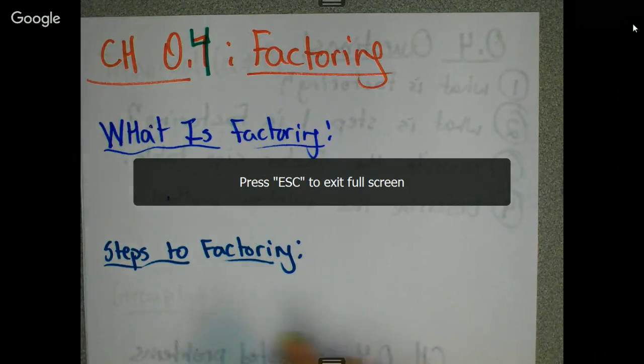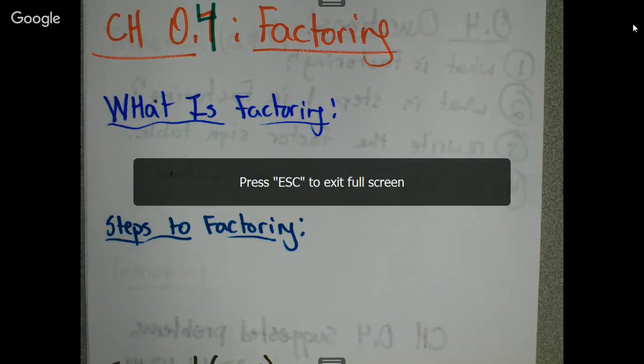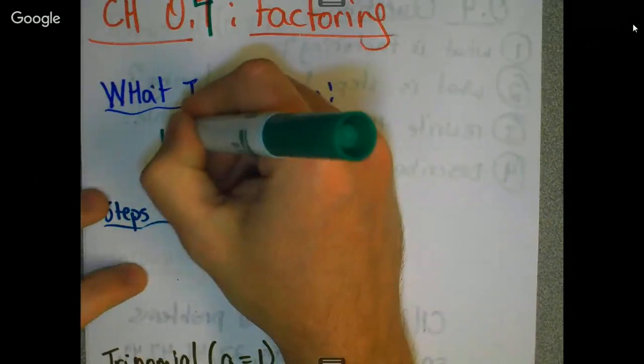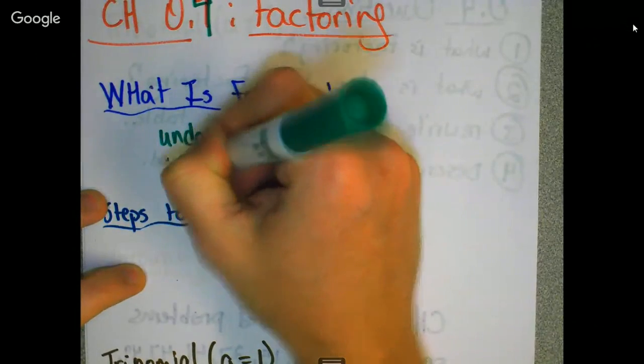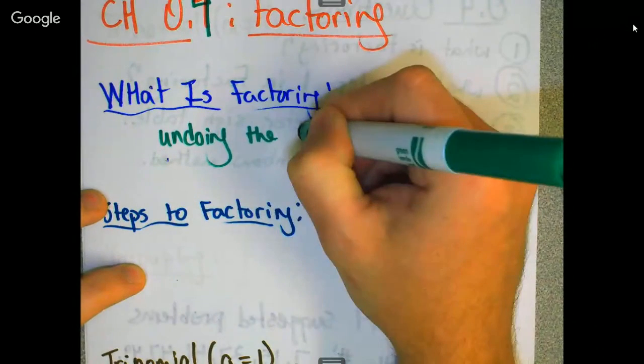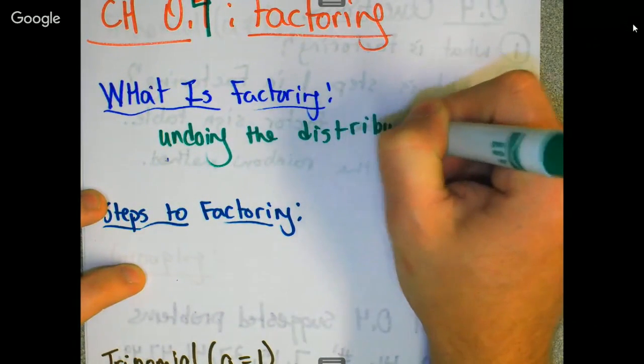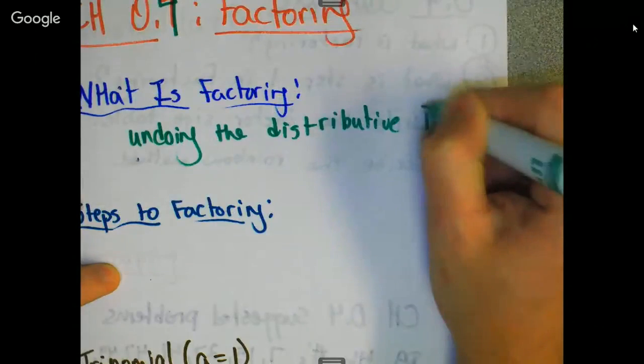This is chapter 0.4, and we are going to talk about factoring. First, what is factoring? Well, factoring is undoing the distributive property.